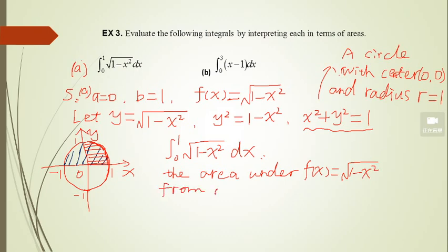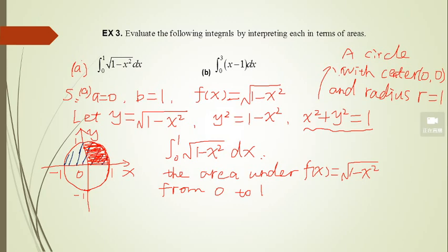From 0 to 1, which is the area I shaded in red here. What is the area of this? This is a quarter of a circle, right?